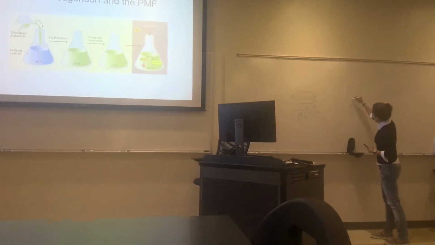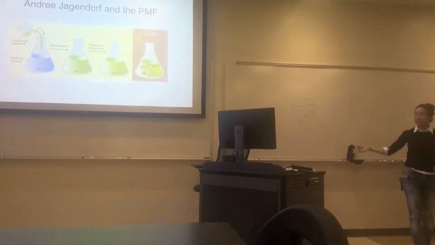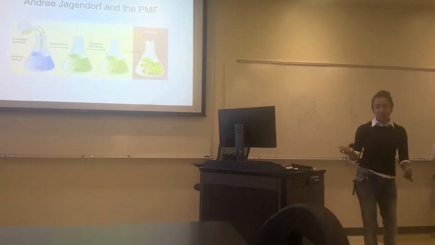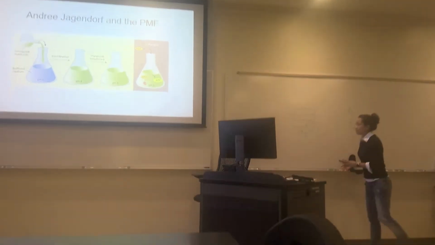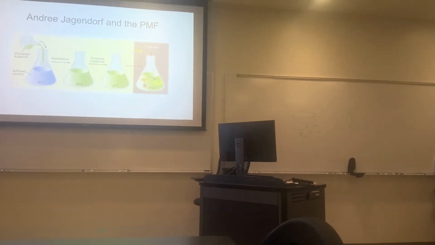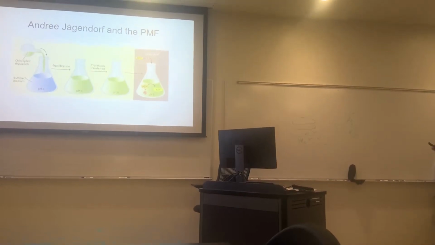So you have the gradient, with ATP being released outside, in the solution. And this clearly didn't need light, you don't need electrons. This is all that you're doing artificially.